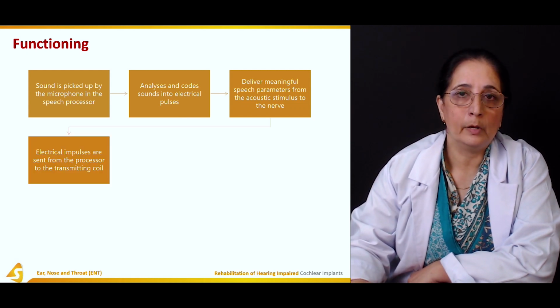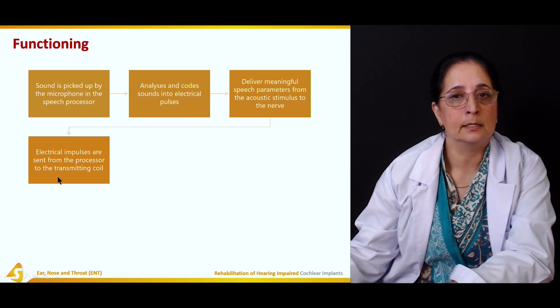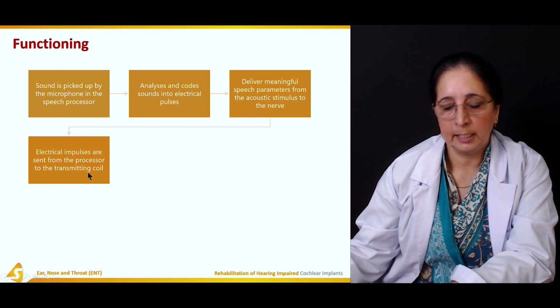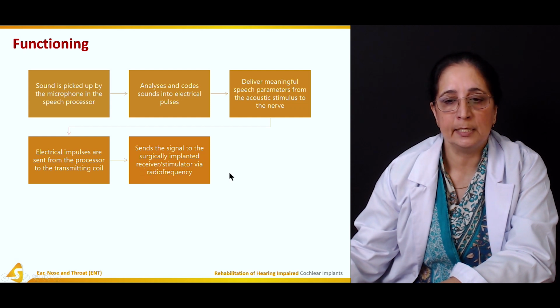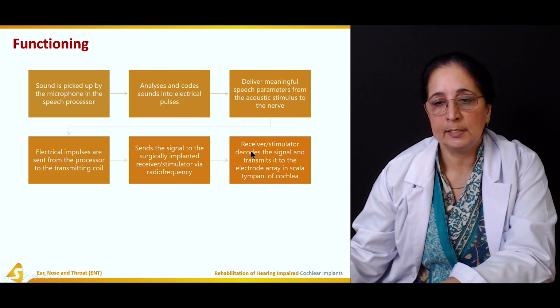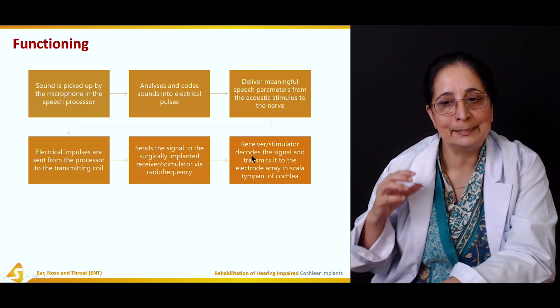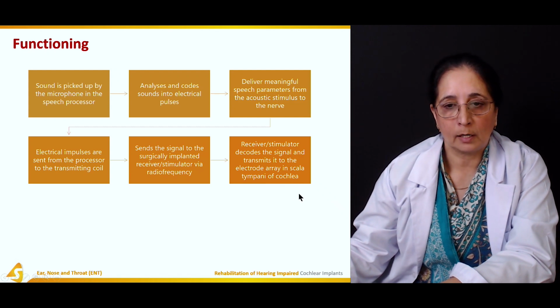Electrical impulses are sent from the processor to the transmitting coil, which sends the signal to the surgically implanted receiver via radio frequency, and then the receiver stimulator decodes the signal and transmits it to the electrode array in the scala tympani of the cochlea.